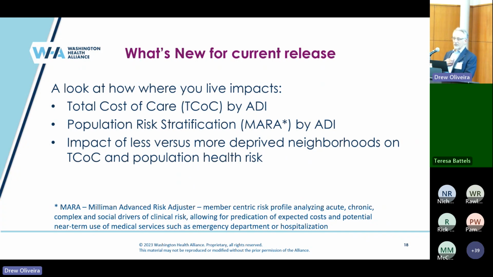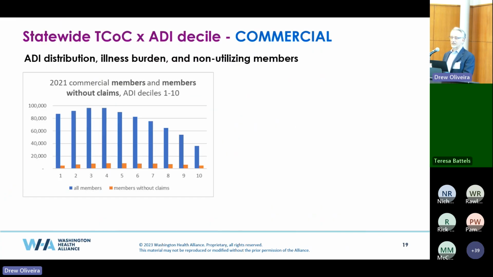So if we say MARA, that's what that means. We're looking at total cost of care. This is allowed charges, so we don't have any information on plan design, co-insurance, or things like that. So we can't make an opinion one way or the other on how plan design may be affecting people's behavior. But we want to see what happens when you start adding ADI to this.